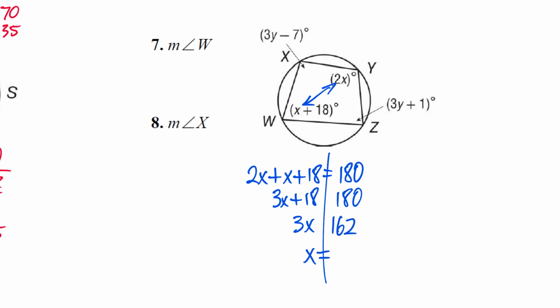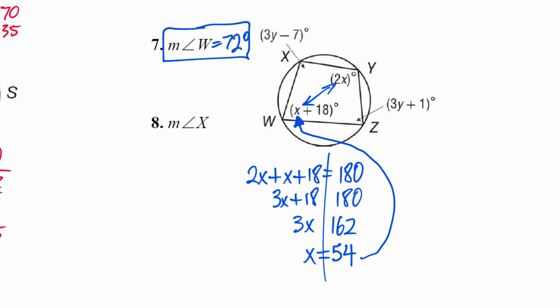Divide by 3, it's going to be 54. So if x is 54, I'm going to take that 54 and plug it in right there for angle W. What's 54 plus 18? 72.